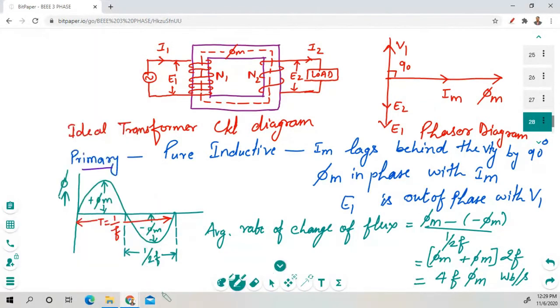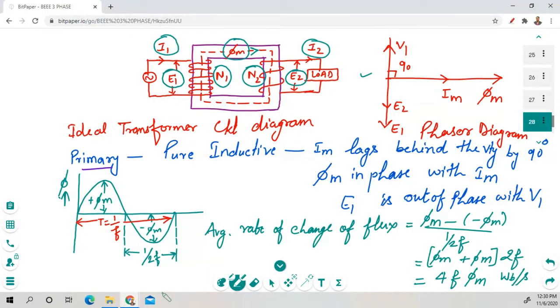In this single phase transformer, E1 is the voltage across the primary side, I1 is the current in the primary side, and N1 is the number of turns on the primary side. When you pass this I1 current, some flux is generated in the primary winding. That flux is linked to the secondary side, where the number of turns is N2, voltage is E2, and current is I2. So let's understand this phasor diagram first.